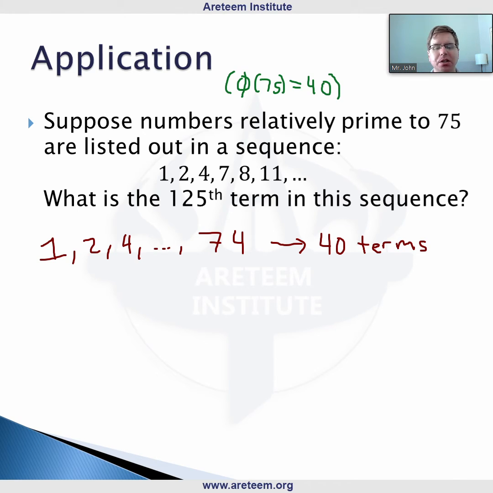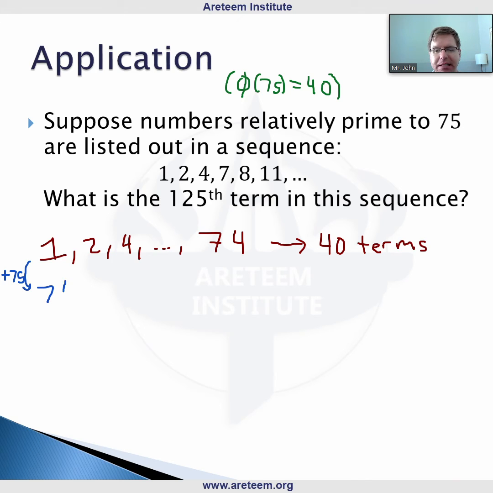So actually, for each of these 40 relatively prime terms, if we add 75 to them, we're going to get a whole other list of 40 terms.